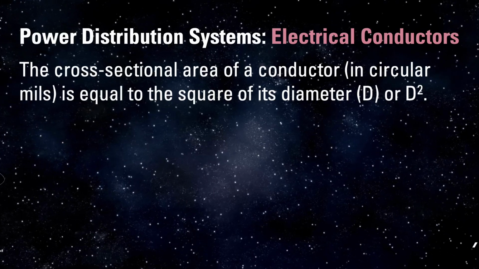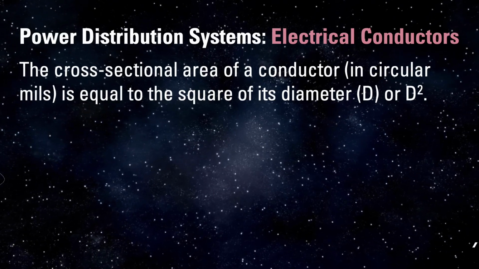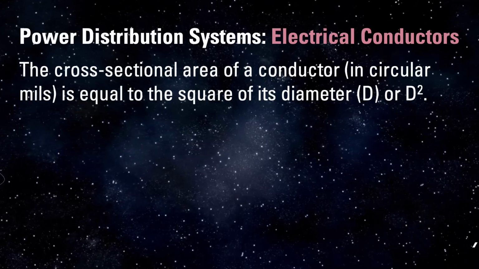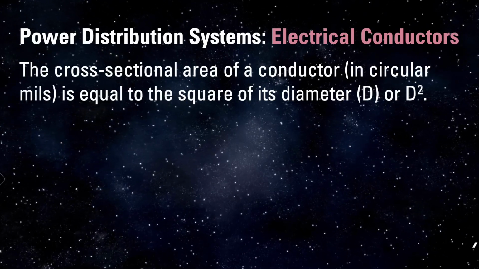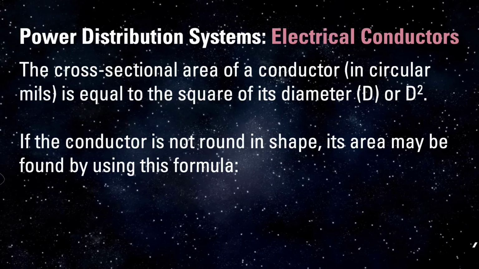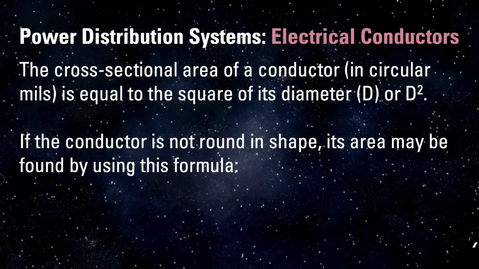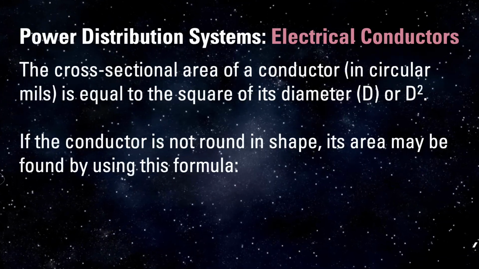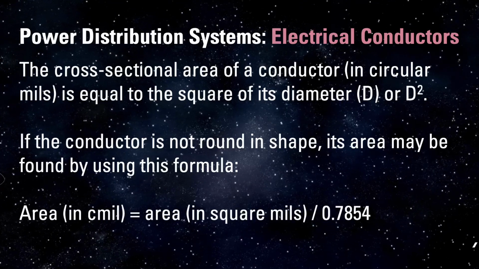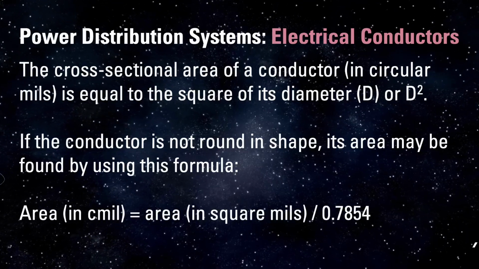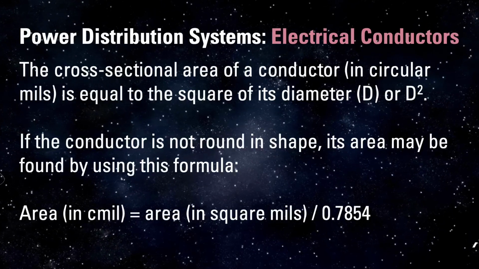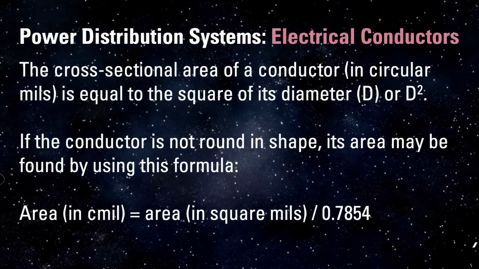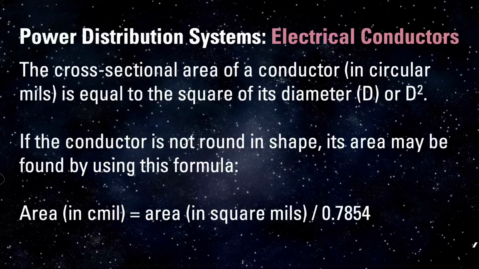The cross-sectional area of a conductor in circular mils is equal to the square of its diameter, or d squared. If the conductor is not round in shape, its area may be found using this formula: area in C-mil is equal to area in square mils divided by 0.7854.